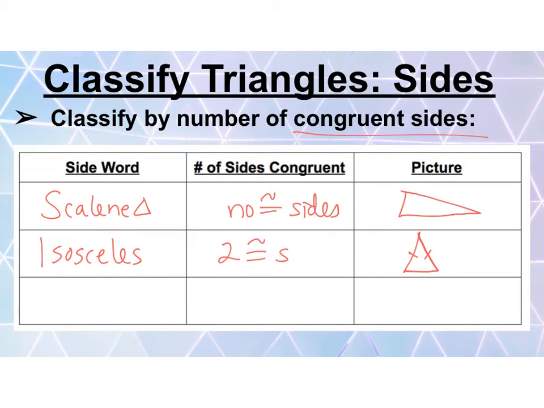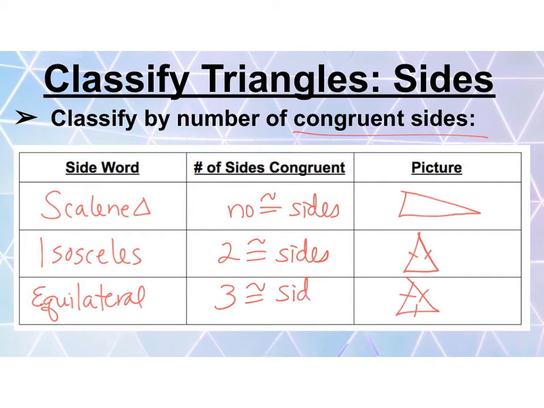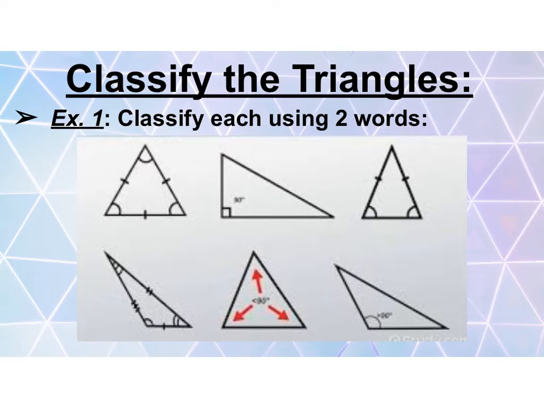And if we have a triangle that has all 3 sides congruent, that's going to be called equilateral. Lateral means side, so we have 3 congruent sides.